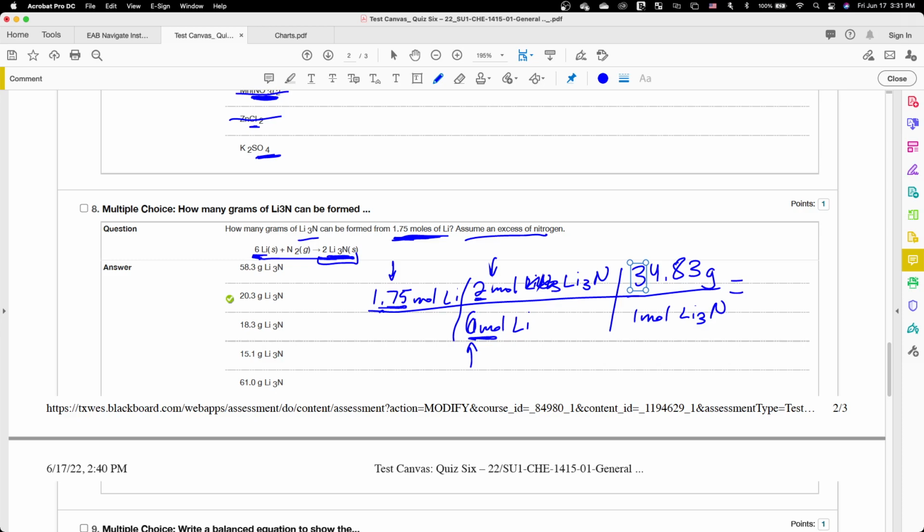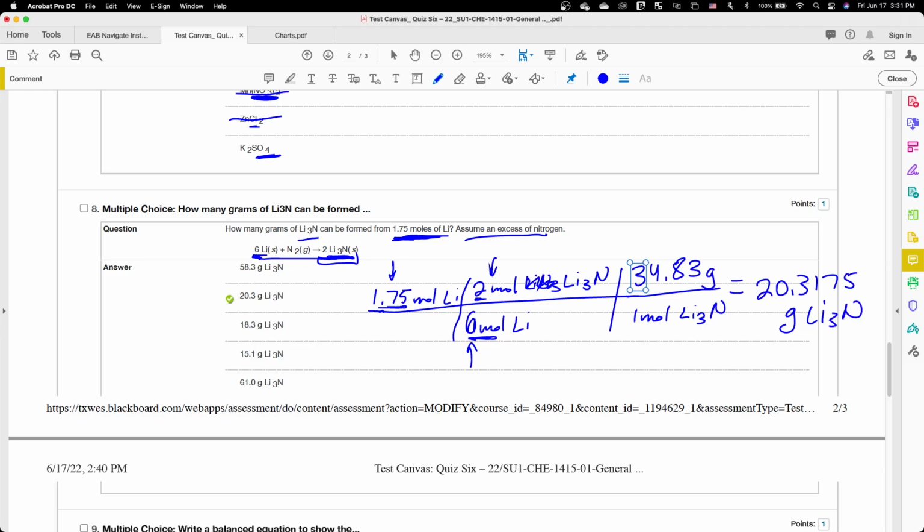So now what I do is I multiply the 1.75 times 2 times the 34.83, divide all by 6. So 1.75 times 2 times 34.83, and then divide all that by 6, and I get the answer to be 20.13175 grams of lithium nitride, right?